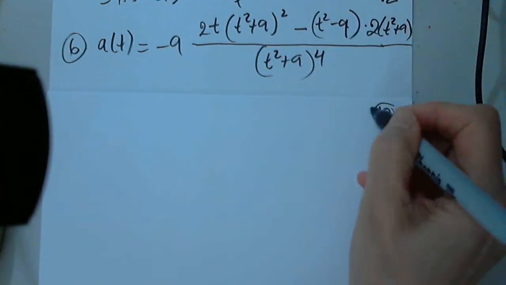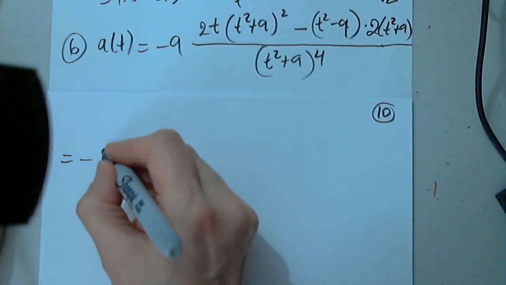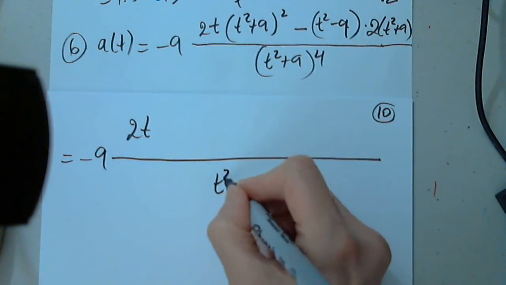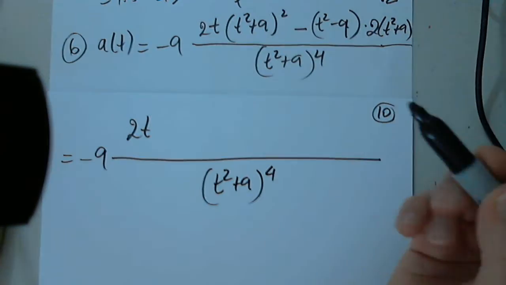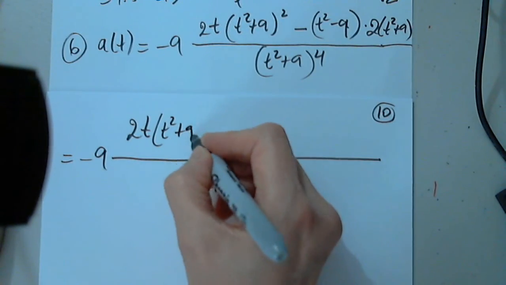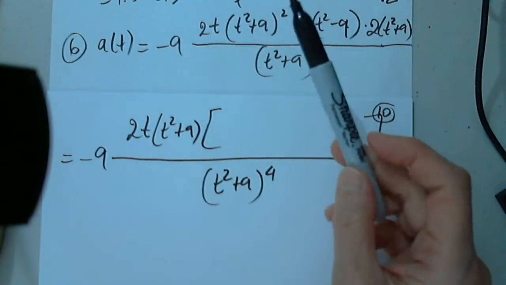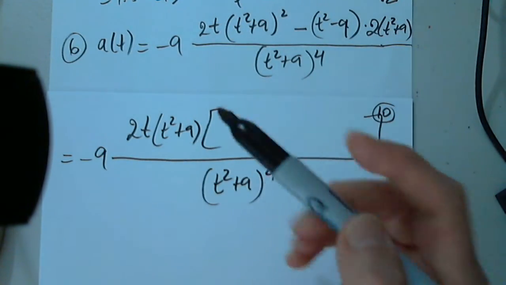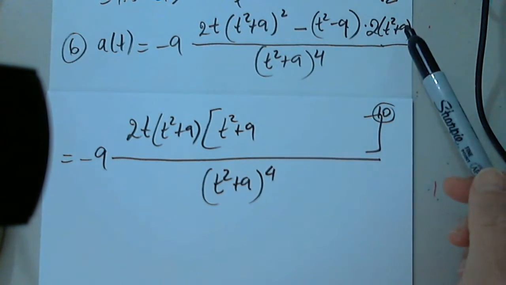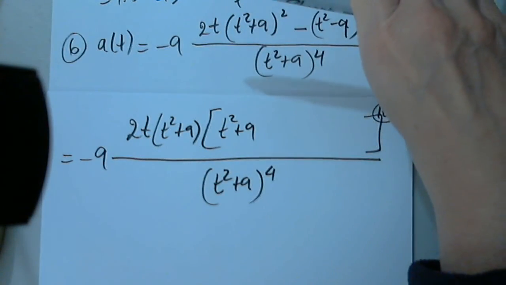I would factor out a 2t, and another t squared plus 9 goes outside. 2t is out, t squared plus 9 is out, there is 1 left in. 2t is out, this is out, so these two are out.